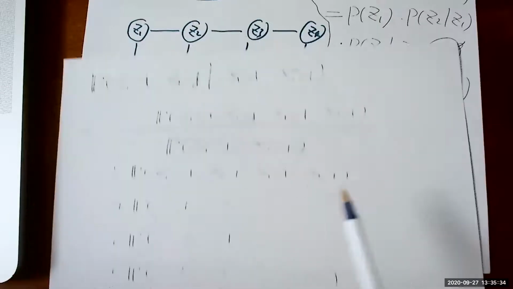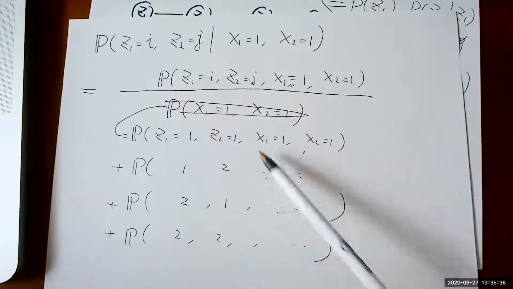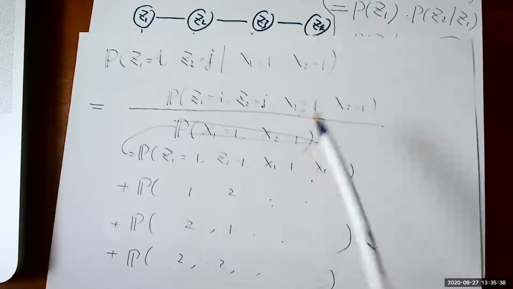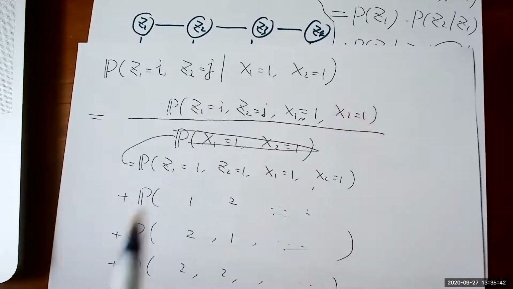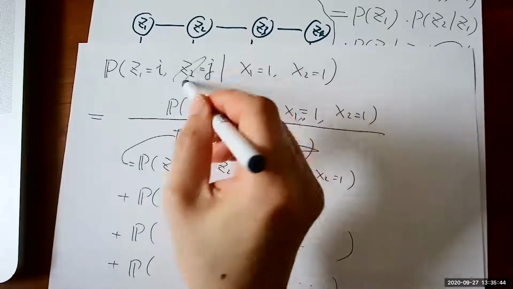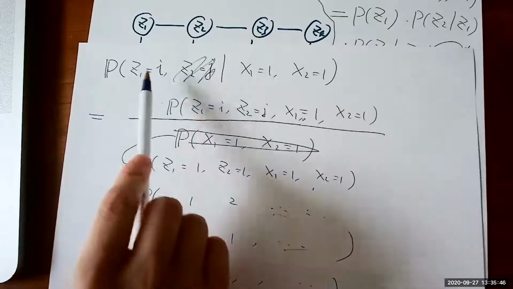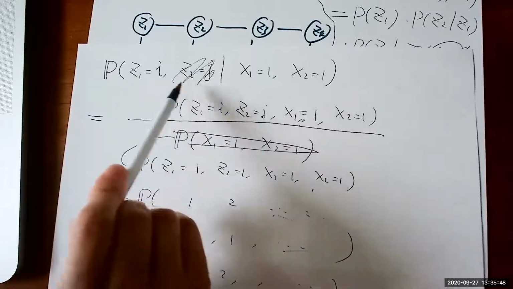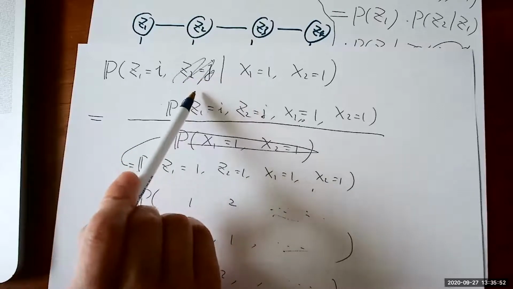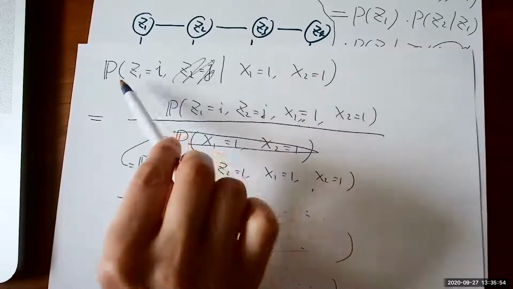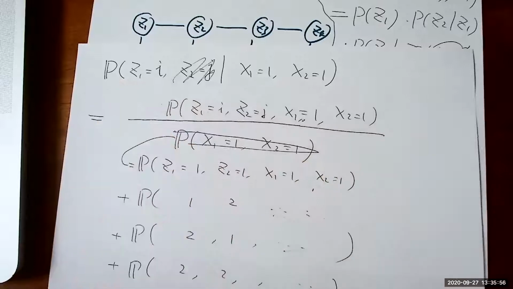So you can get the 4 probabilities. Once you have the 4 probabilities ready, you can calculate this conditional. Now, if I ask you what is the conditional probability of only Z1, you just sum 2 probabilities: Z2 equal to 1 or Z2 equal to 2. You sum them together and you get the condition of only Z1.